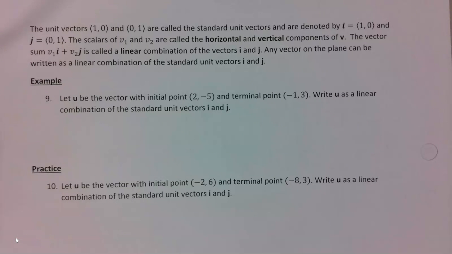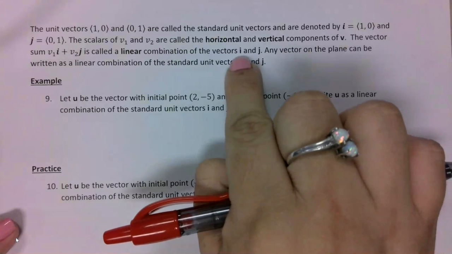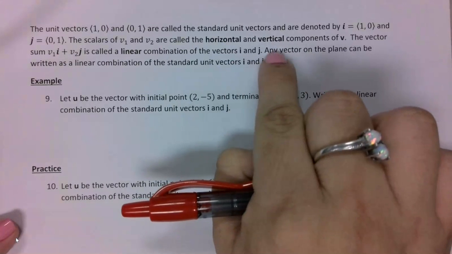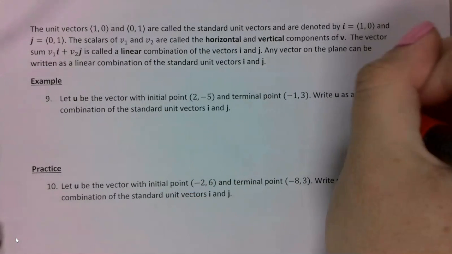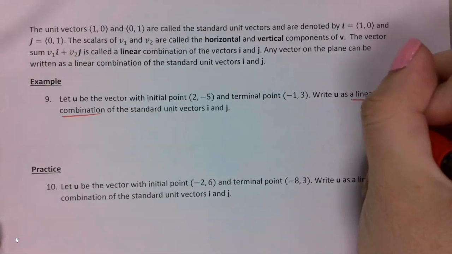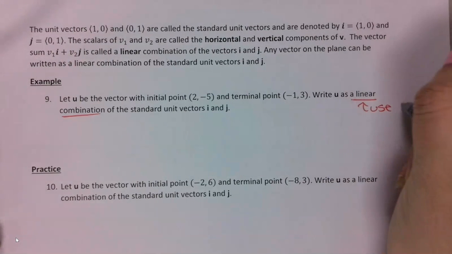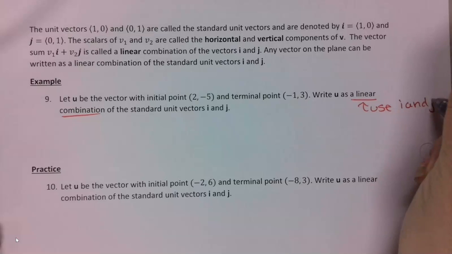So I can also write vectors as a linear combination. This is basically the same thing, except my x-coordinate gets an i after it, and my y-coordinate gets a j after it. It's just not written as a point, it's written as a linear combination. So whenever a problem asks me to do this, I'm going to use the letters i and j, and they go alphabetically with x and y.